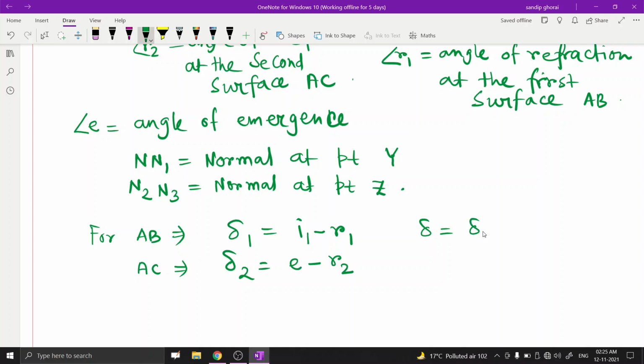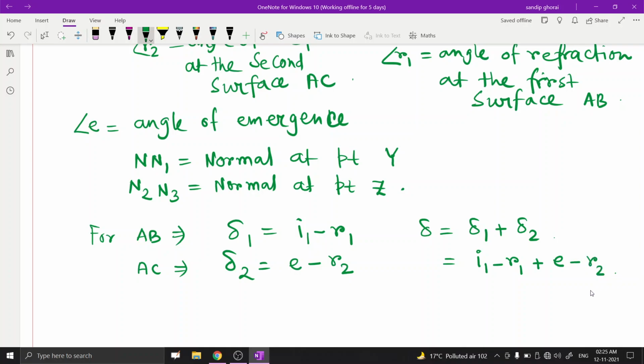That means delta is equal to delta 1 plus delta 2, and we can say that this is equal to I1 minus R1 plus E minus R2.